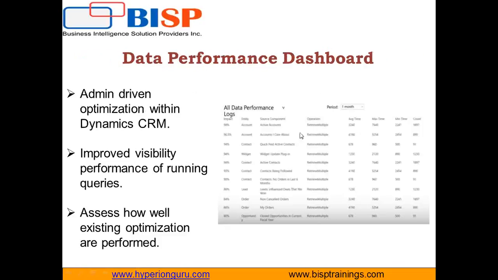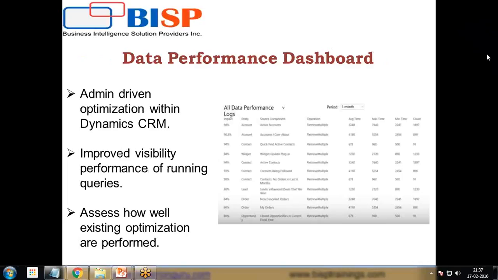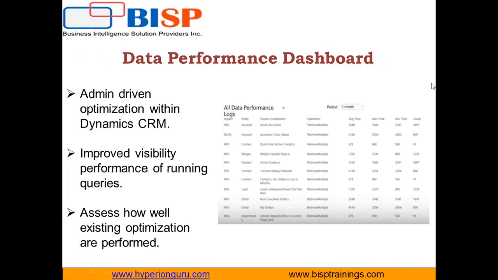The next feature which has been added recently in 2016 is the data performance dashboard. Although we have existing dashboards available in Dynamic CRM, they do not explain the ongoing processes.